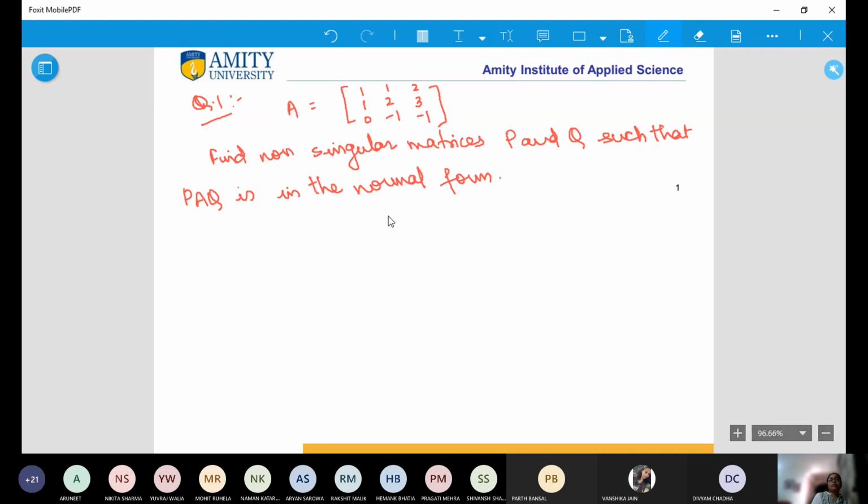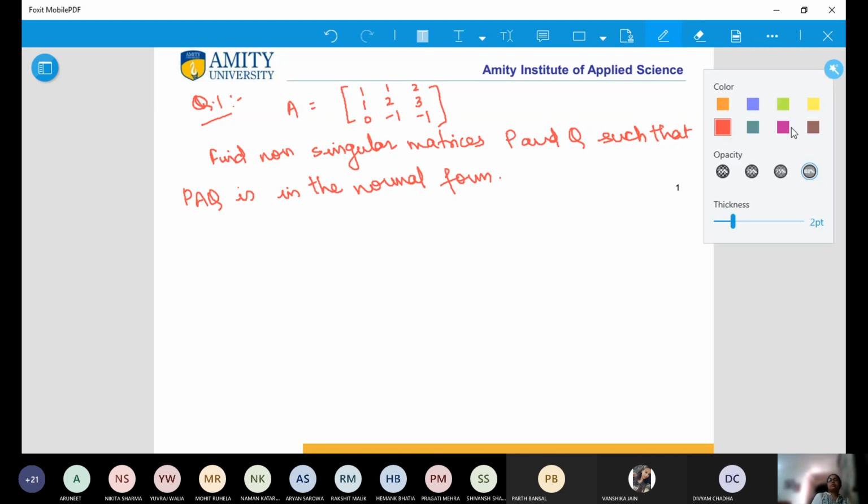Whenever you get this kind of question, the process is we will follow what we did in class 12, that when you were using column operation, you were writing A is equal to AI. And when you were using row operation, you were writing A is equal to IA. Do you remember that?